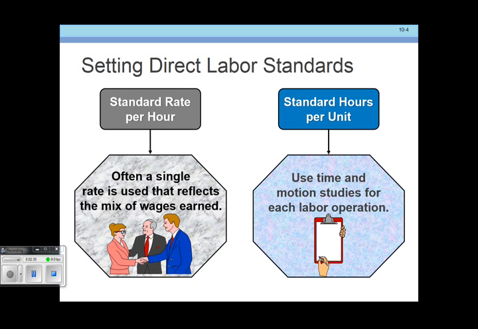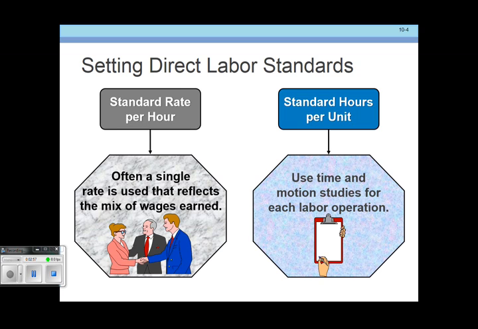Notice what we do there is we use time and motion studies for labor operations. I had a friend when I was in Wisconsin that worked for a life insurance company, and I asked him what he was doing, and he said he was watching people process claims and applications for life insurance and health insurance with a stopwatch.